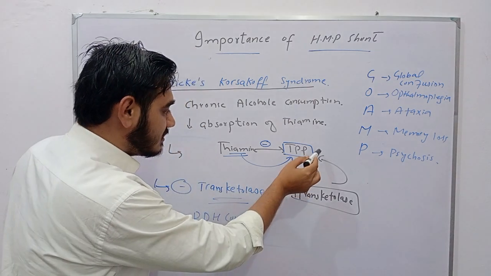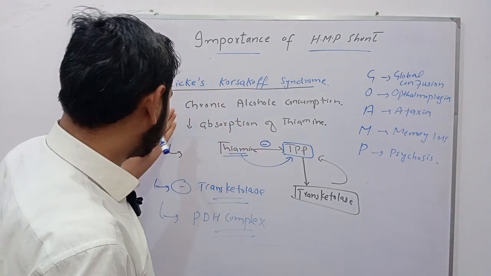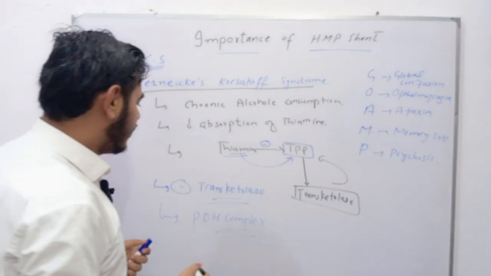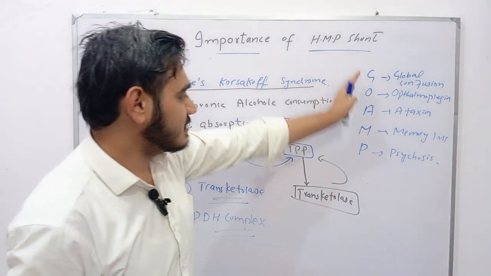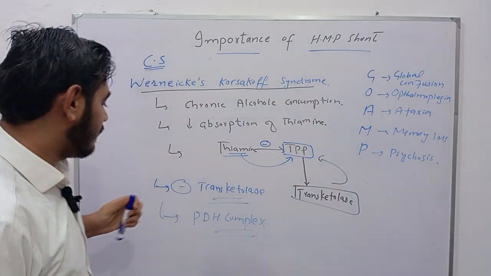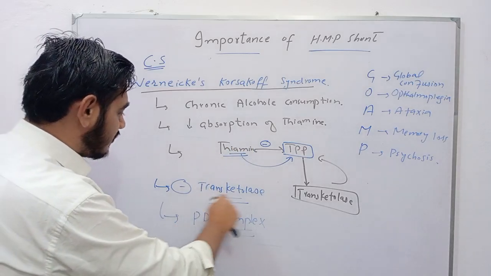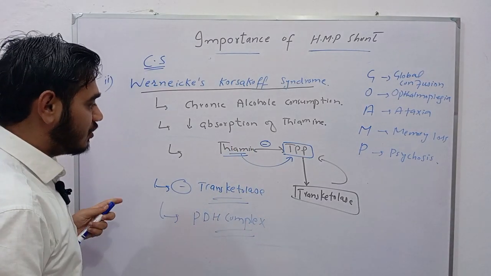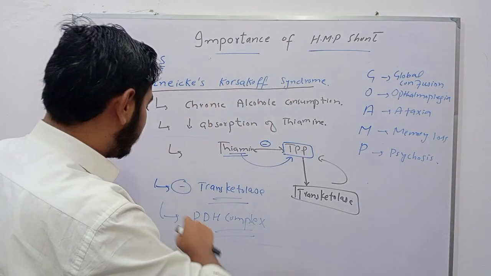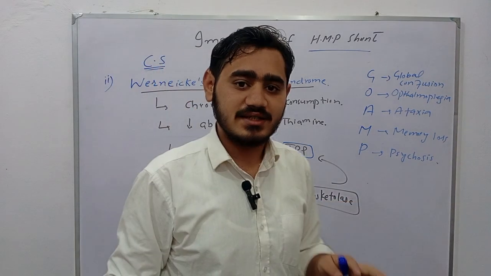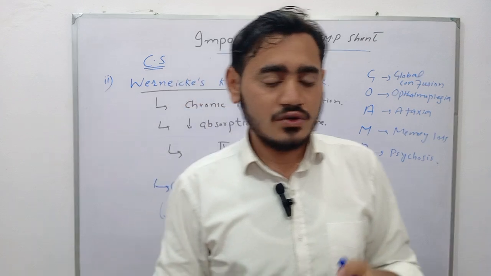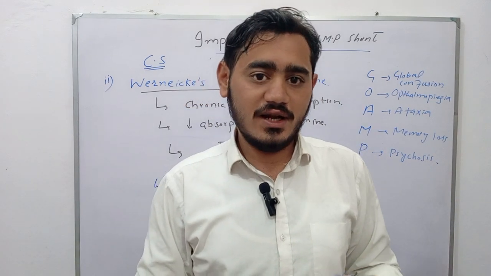The enzyme requires thiamine pyrophosphate, but in its deficiency it leads to this disorder, Wernicke-Korsakoff syndrome, and the other symptoms of this syndrome. In this way, it mainly affects the transketolase activity of the HMP shunt pathway, and mainly affects the pyruvate dehydrogenase complex reaction. Okay, so keep watching and thank you.